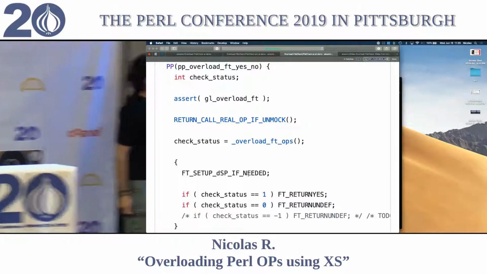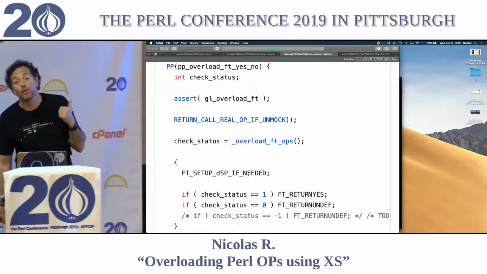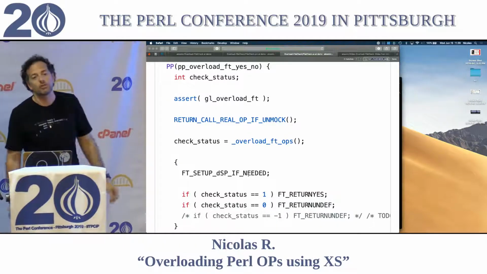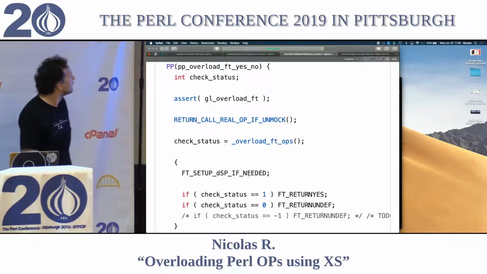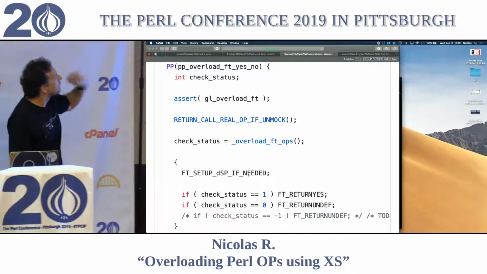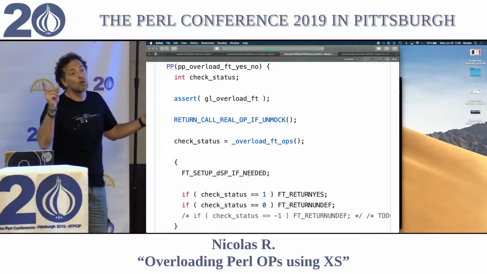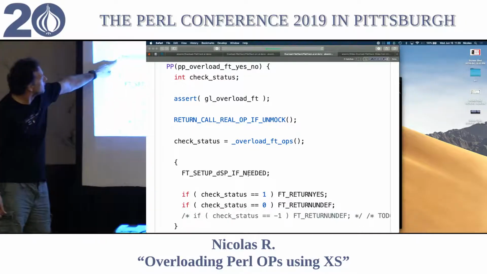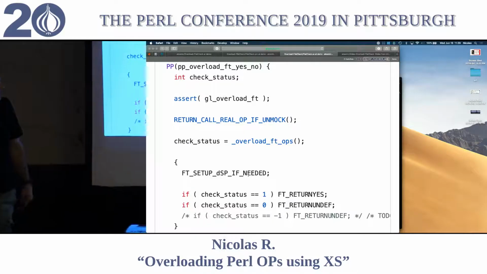So same thing, macro, and it's a dirty macro because that macro can return on your back. Mainly just say, if that op is not mocked, just return on abort. I let Perl handle that. But if that op is mocked, then I want to call the custom user function, check its return value, and depending on its return value, I want to return yes, undef, or something else.